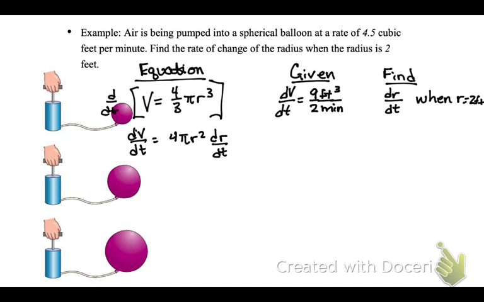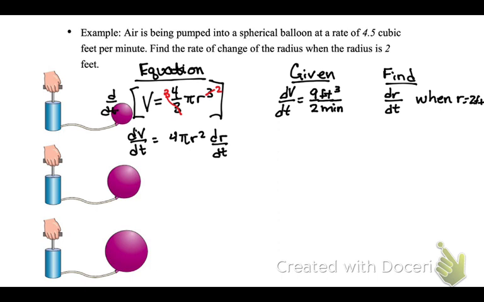I get 4 pi r squared dr/dt. Where's the 3 now? And why is it squared? Because I took the derivative. Look, the 3 comes here, this becomes a 2, and then it'd be 12. Yeah, I get it now.